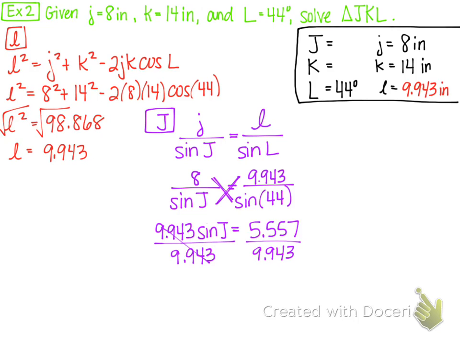Those cancel. So sine of big J, we have 5.557 divided by 9.943. We get 0.559 if we round that.